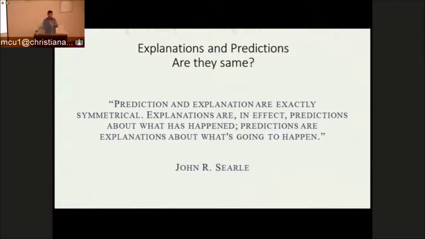So you're looking retrospectively, you have data, things have already happened in the past, and you're trying to create explanations for them. And predictions are explanations about what's going to happen. So something that hasn't happened yet, and you want an explanation for that. So in that sense, they are very symmetrical. But how we go about doing predictive analytics and explanatory modeling, there are differences in that.